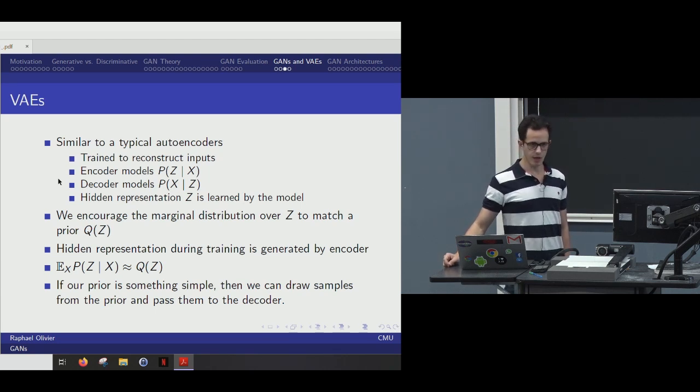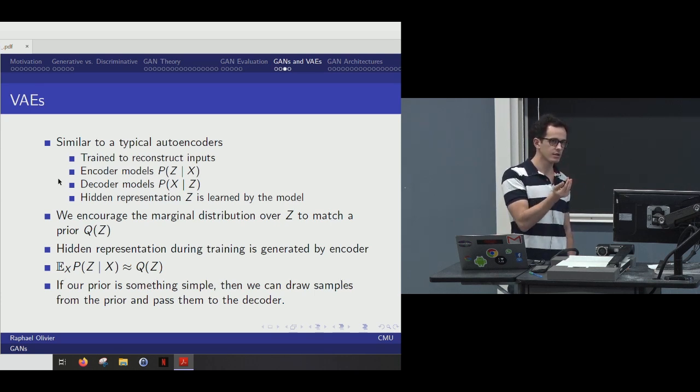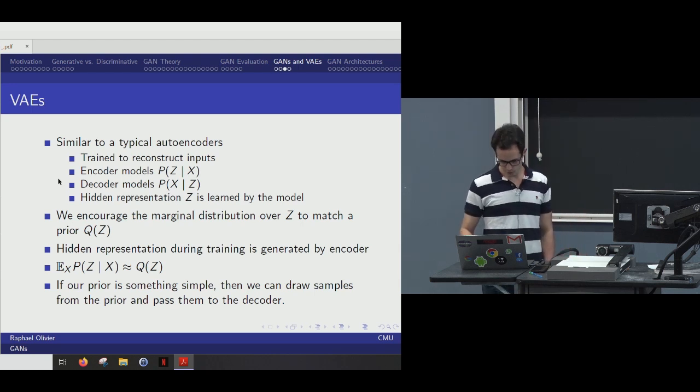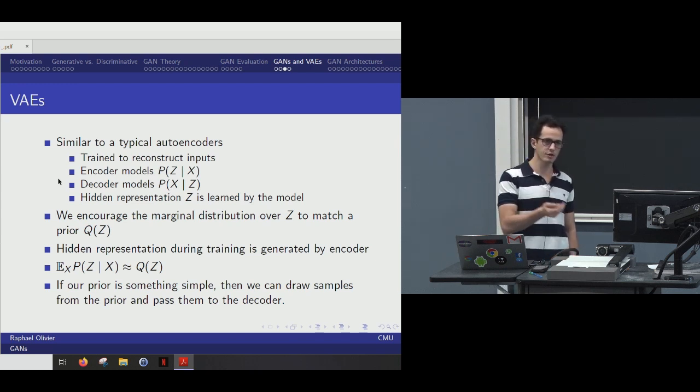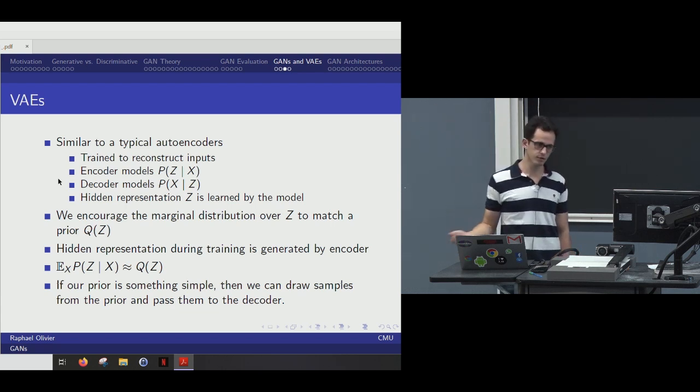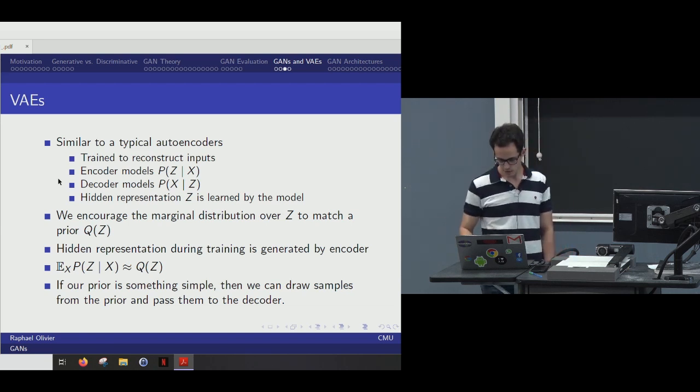In a VAE, you add different training terms that encourage this hidden representation to match a prior. The prior is the equivalent of the Gaussian distribution that we talked about in the GAN. You could use Gaussian, uniform, or whatever you want. From that setting, you can compute a bunch of bounds on the divergence of the two distributions and say, I'm going to take this bound and make it as small as possible, and hopefully it's going to have the same effect on the actual divergence.